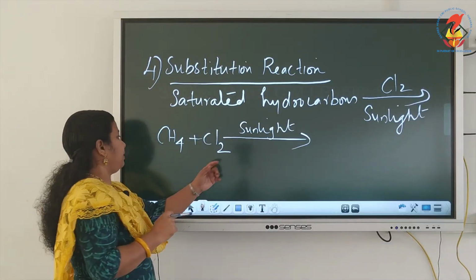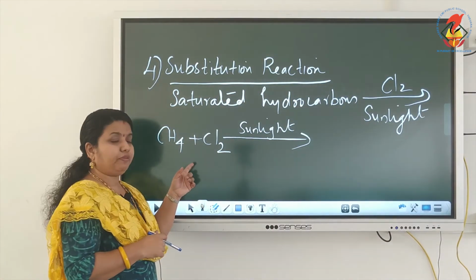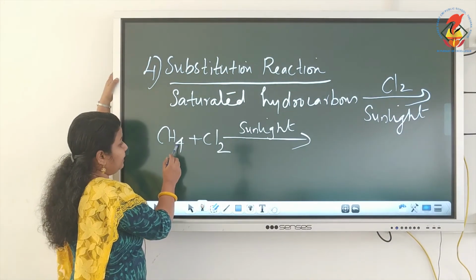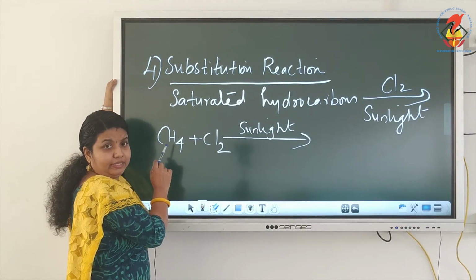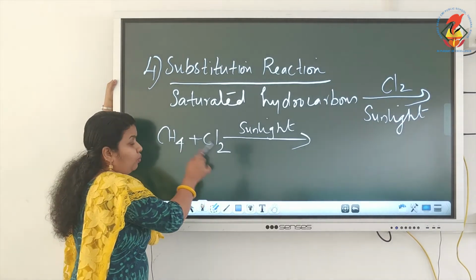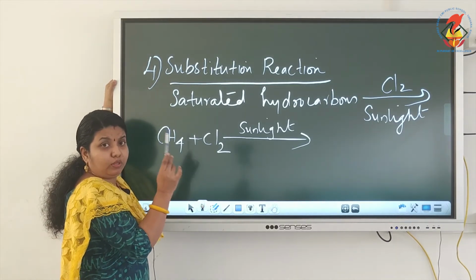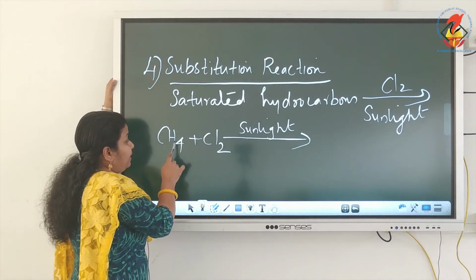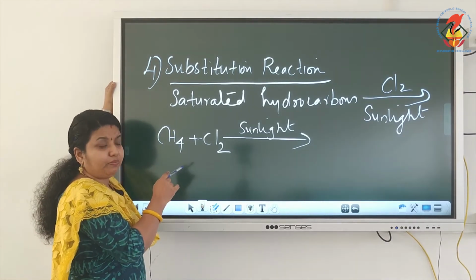Substitution reaction of methane with chlorine in the presence of sunlight. Methane has 4 hydrogen atoms. One of the hydrogen atoms in methane will be replaced by a chlorine atom from Cl2, a chlorine molecule containing 2 chlorine atoms.